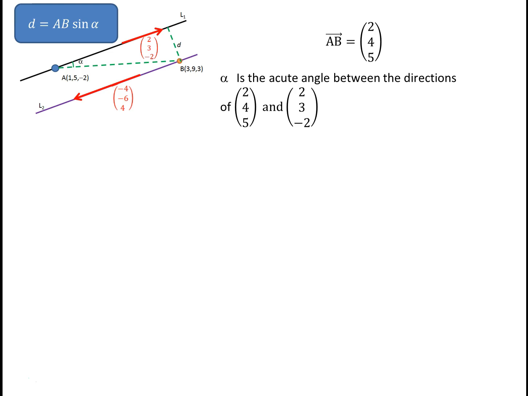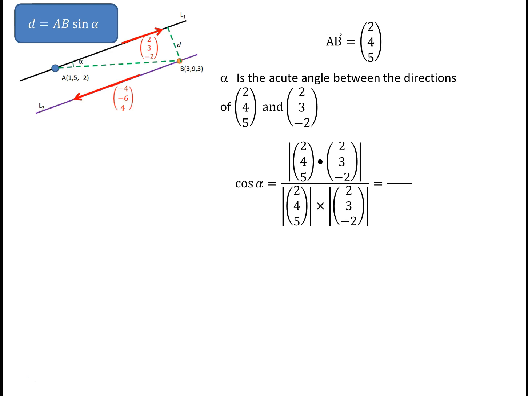So we've got cos alpha is the modulus of the scalar product of (2, 4, 5) and (2, 3, -2), divided by the length of the vector (2, 4, 5) times the length of the vector (2, 3, -2). The scalar product gives me 4 plus 12 plus minus 10, which just gives me 6.